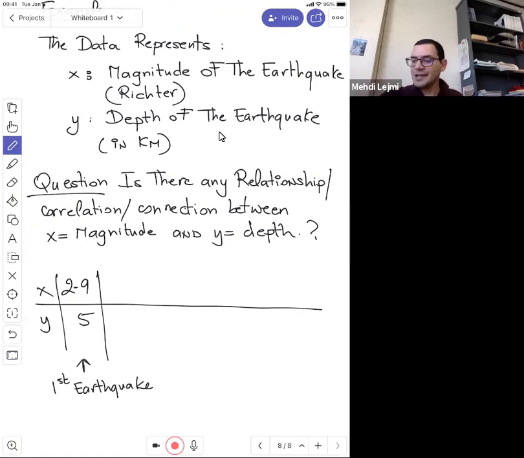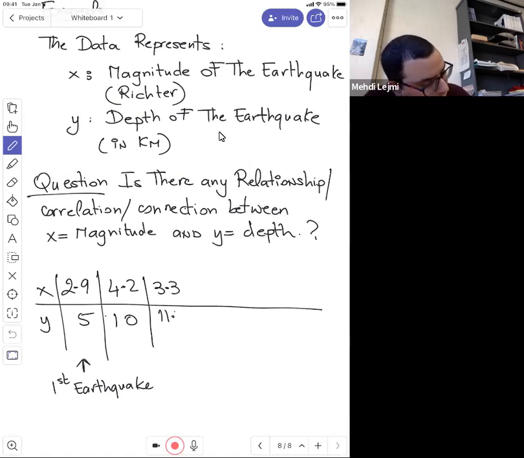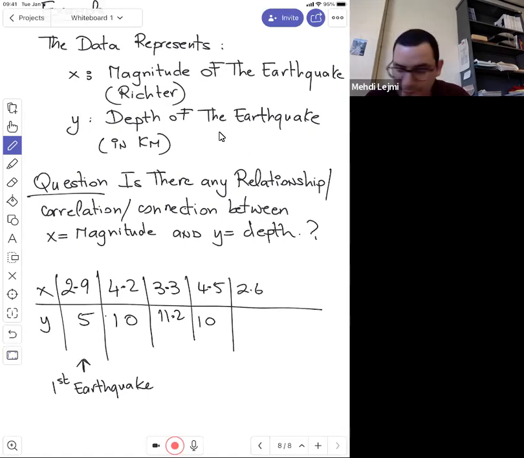Okay, my second earthquake, the X is 4.2, I think, Richter, and then the depth is 10 kilometers, etc. Then we have the third earthquake, with 3.3 and 11.2, then 4.5, and the corresponding depth is 10 kilometers, 2.6, and then 7.9, and then 3.2, and then 3.9.